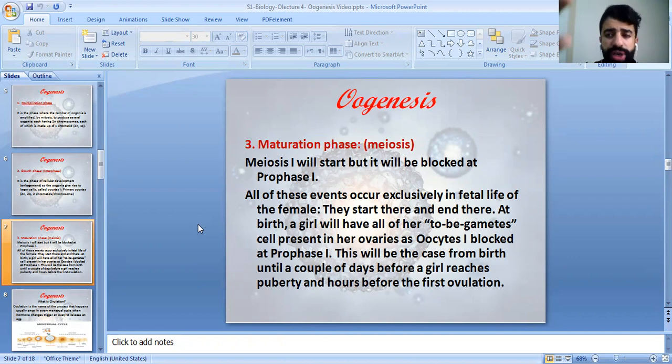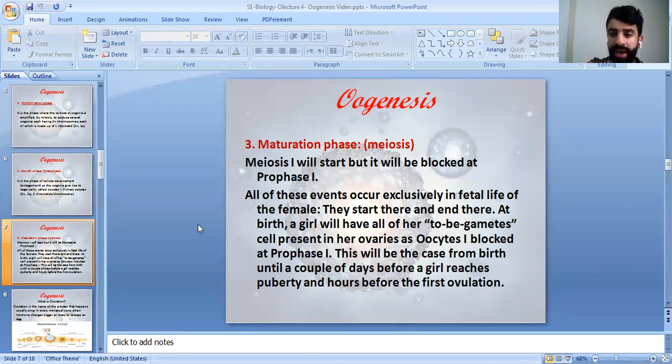Then what do we have now? We have the maturation phase. During the maturation phase, it's meiosis, where meiosis 1 will start and it will be blocked at prophase 1. All these events, multiplication, growth, and maturation, occur in fetal life exclusively.